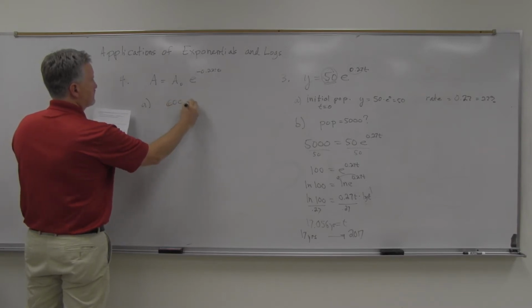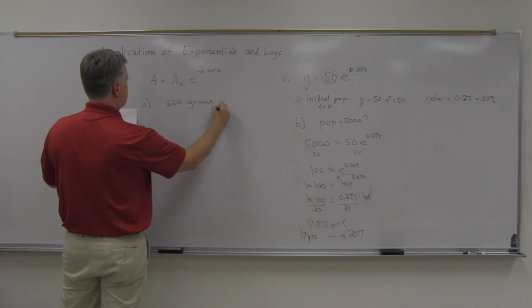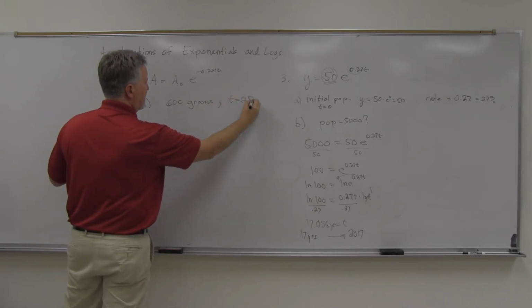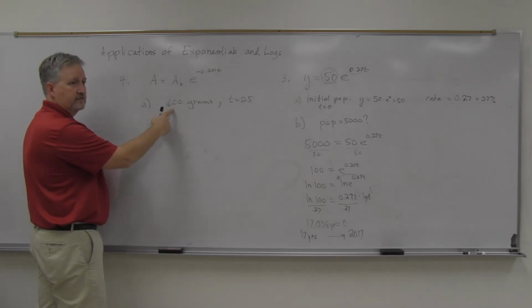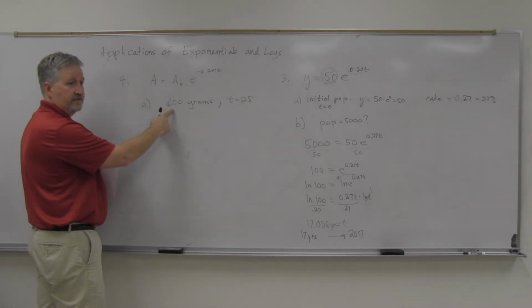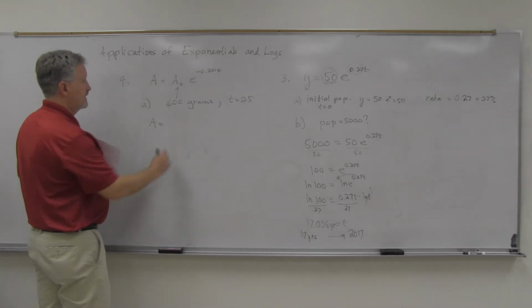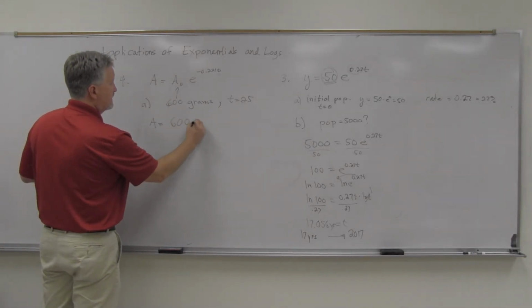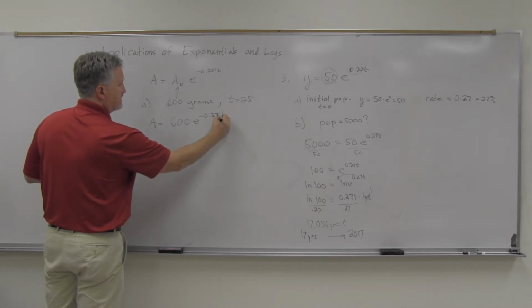So the time is 25. Where does that 600 go? That's the initial amount, so that's A0, right? So you do 600 e to the negative 0.231 times t, which is 25.